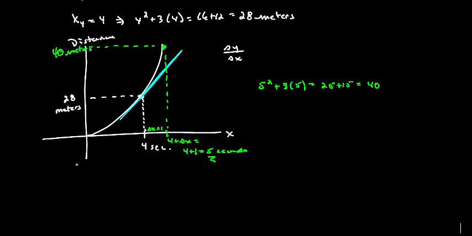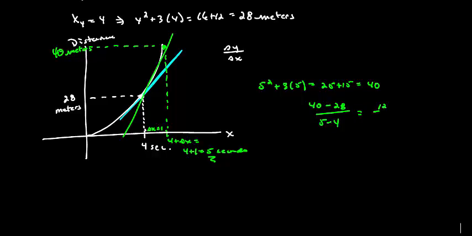Okay? So if we take a look at this line and its slope, the slope of this line is going to be 40 minus 28 over 5 minus 4.